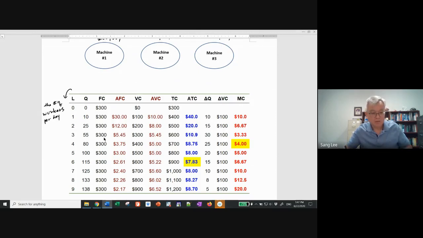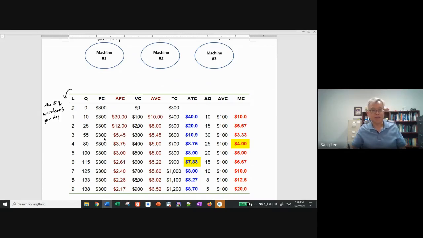So look here, we assumed that labor expenses are the only variable cost. So if you hire no workers, then what? Variable cost is 0. If you hire 2 workers a day, then what? Variable cost per day will be $200. If you hire 8 workers, then variable cost per day is what? $800.